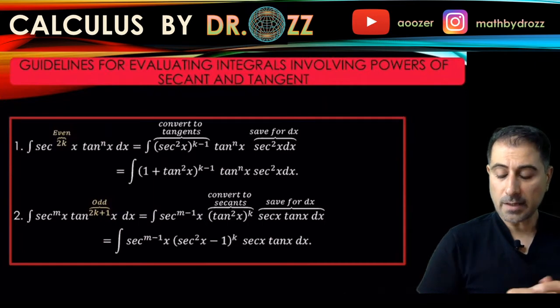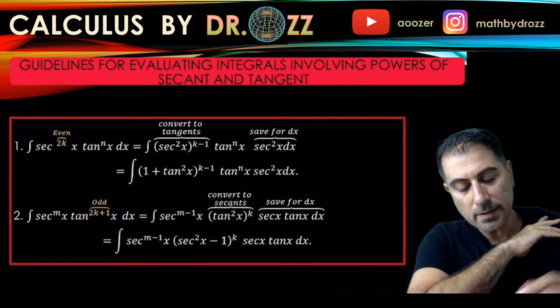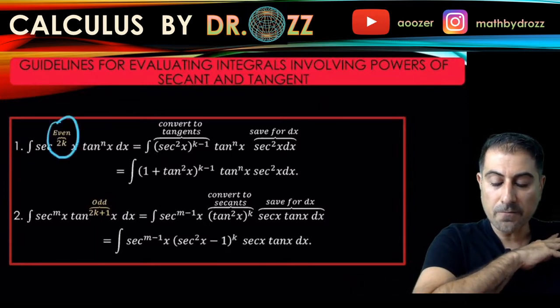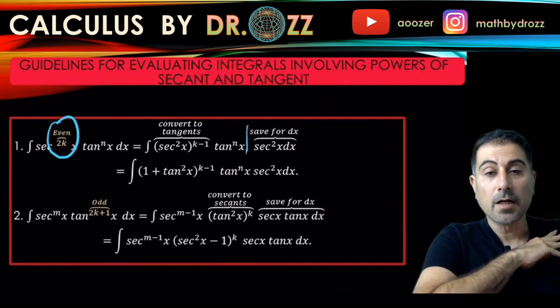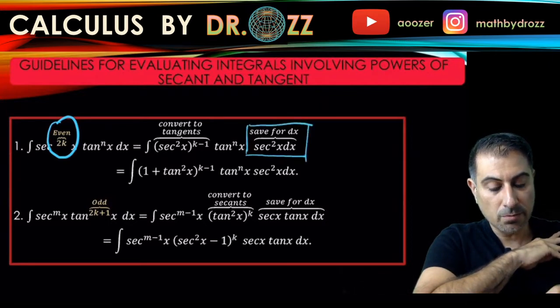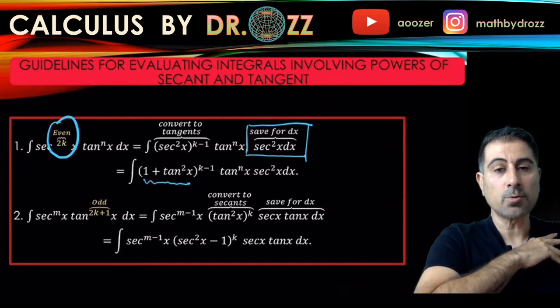So here we have the fourth power of secant, and that aligns with the setup here, that secant is raised to the power of 4. What we do is we reserve 1 secant squared for d theta, and the rest is rewritten using the Pythagorean identity. In other words, secant squared x is written as 1 plus tan squared x.